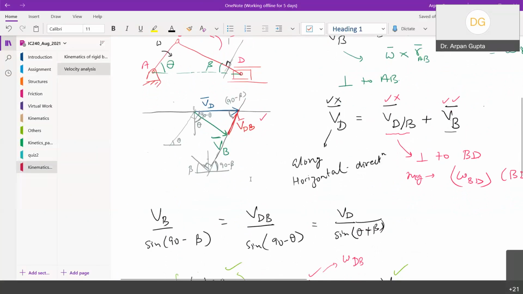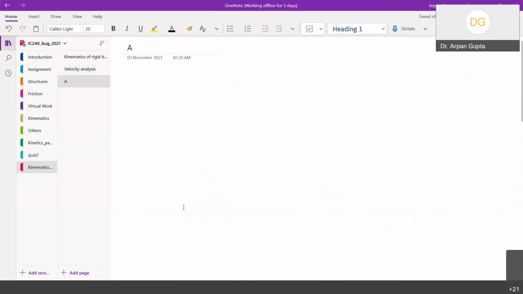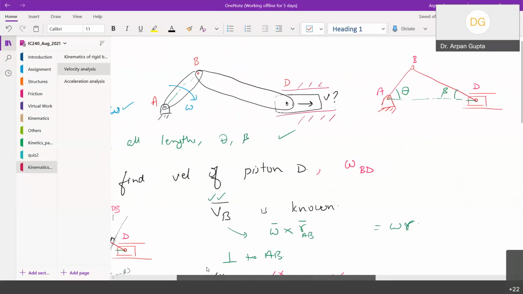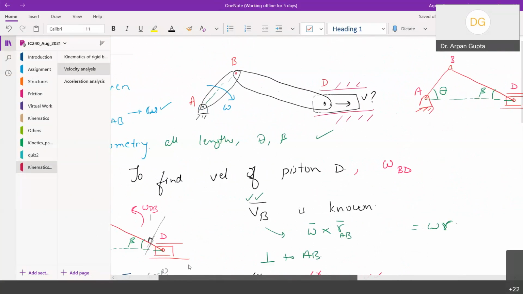Okay, now next I'll add another thing called acceleration analysis, right? So now we are moving to the next step, which is the acceleration analysis. And again, I'll copy this diagram.